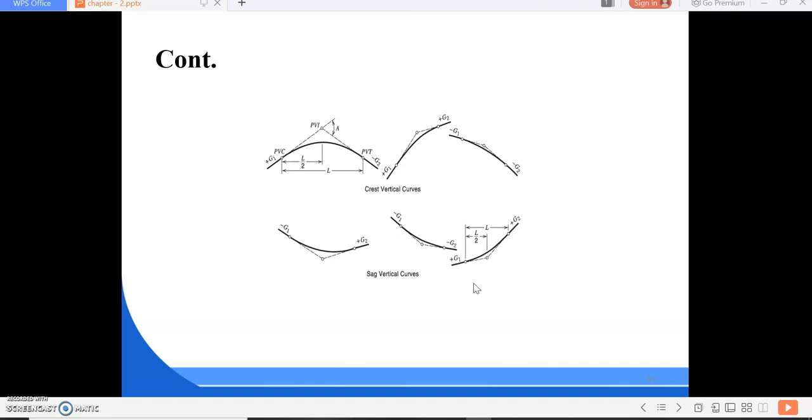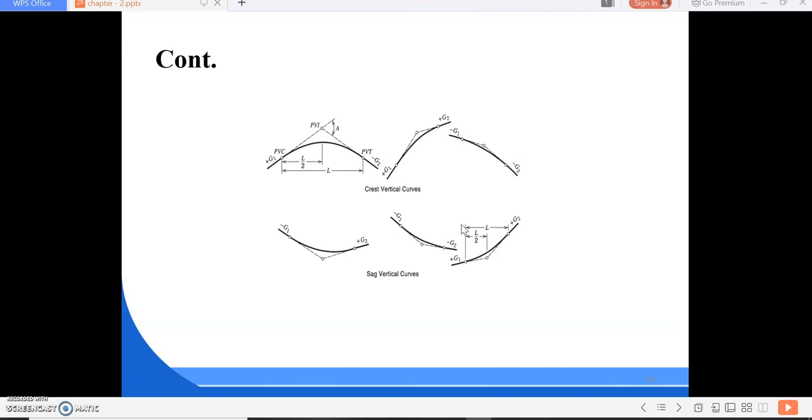Convexity means this part, and concave means this part. When the convexity of the curve is upward, it is called a summit curve. This occurs when an ascending gradient intersects a descending gradient, or when an ascending gradient meets another ascending gradient, or an ascending gradient meets a horizontal gradient.